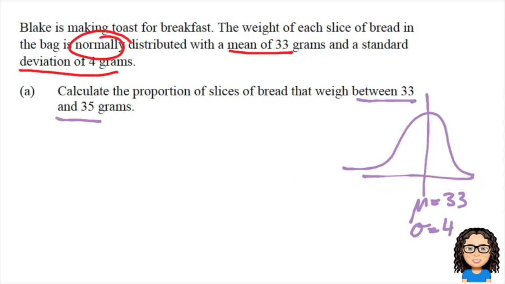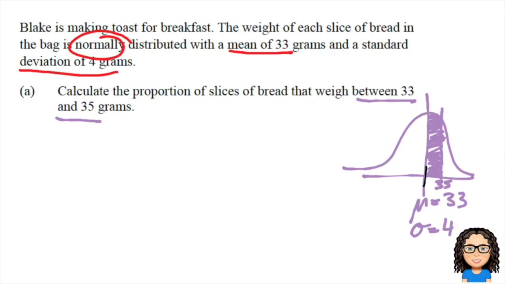I've got my 33 in the middle, and 0 is going to be down there somewhere. So if I add the value of 35, I'm going to put that somewhere above that value. There's 35, and I want between it, so I'm going to shade in the area between 33 and 35. So that's what I want to find.